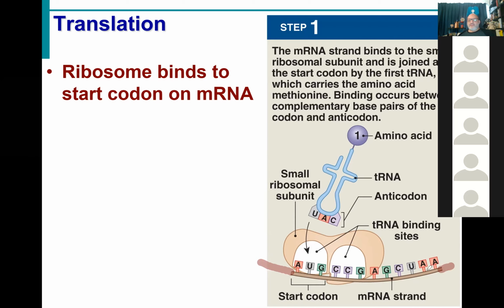So it just shows us the functional part of the messenger RNA. And notice they didn't bother giving us an exit site. They just focused on the A site and the P site because that's where all the work is taking place. Neither of those things affect how this process works, but I wanted to show how they're simplifying it a little bit.